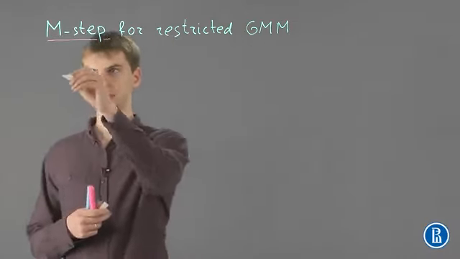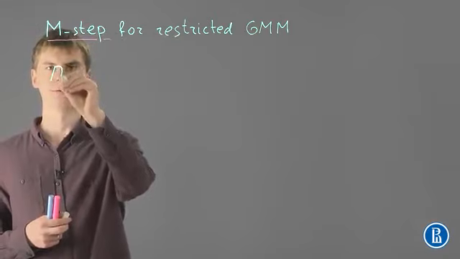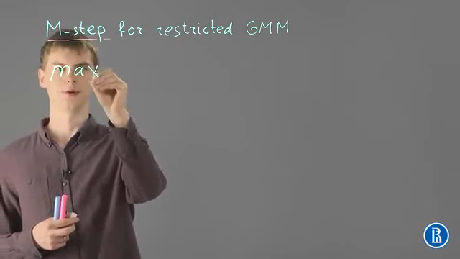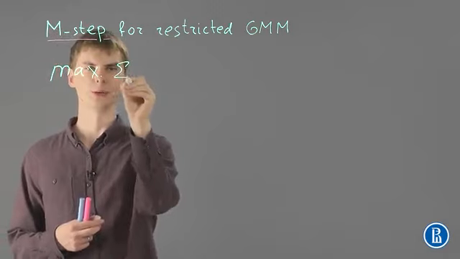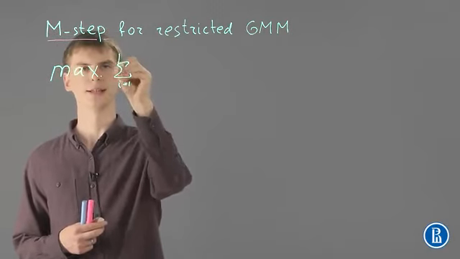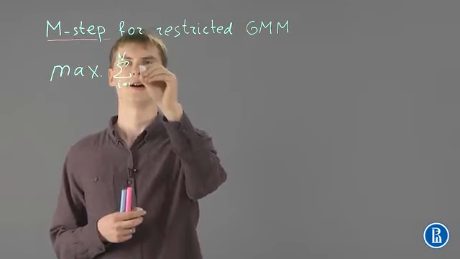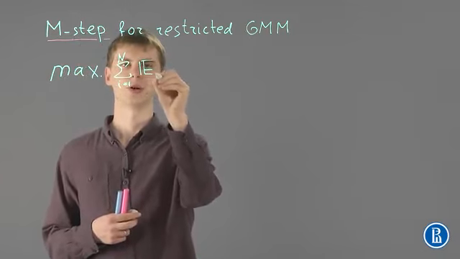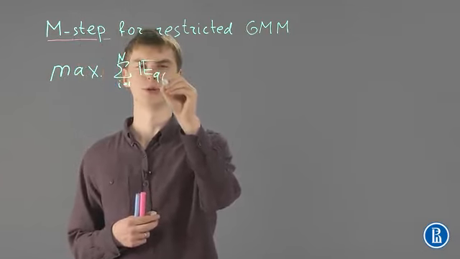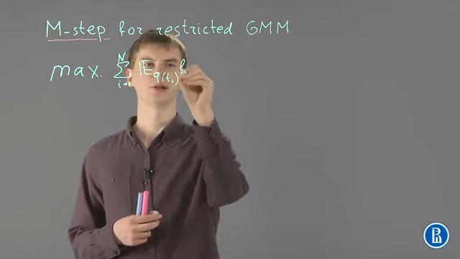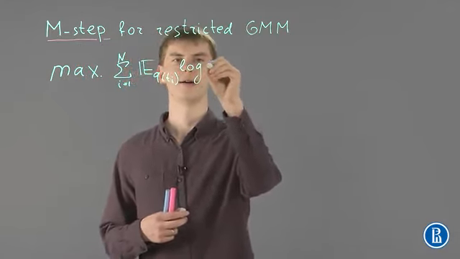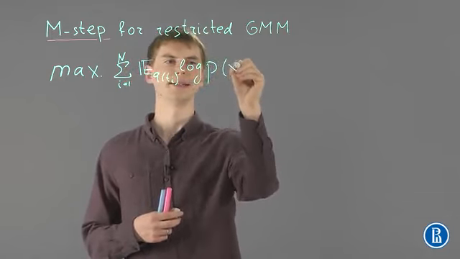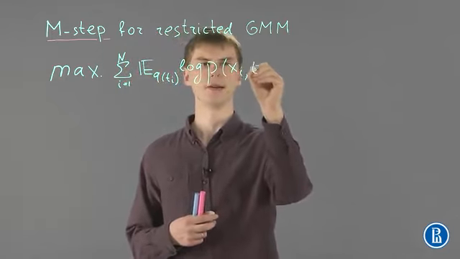So on the M step of the expectation maximization algorithm for restricted Gaussian mixture model, we have to maximize the following expression. So we have to find the maximum of the sum with respect to individual objects in our dataset, training objects, of expected values with respect to the variational distributions Q of Ti of the joint log likelihood of xi and ti, given the parameters.